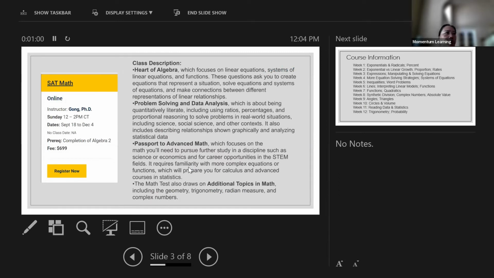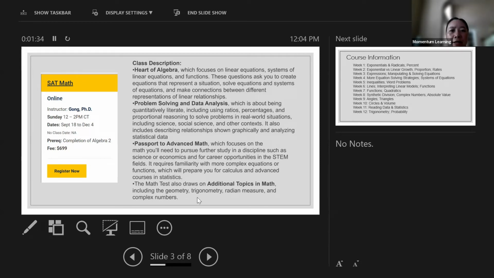Okay, so here is the information. We will focus on 3 different areas. The College Board says the ACT math will focus on part of the algebra, which will focus on linear equations, system equations, functions, and so on, and problem solving and data analysis, including ratios, percentages, proportions, and word problems, and also some statistics, how to read the data, how to analyze the data.